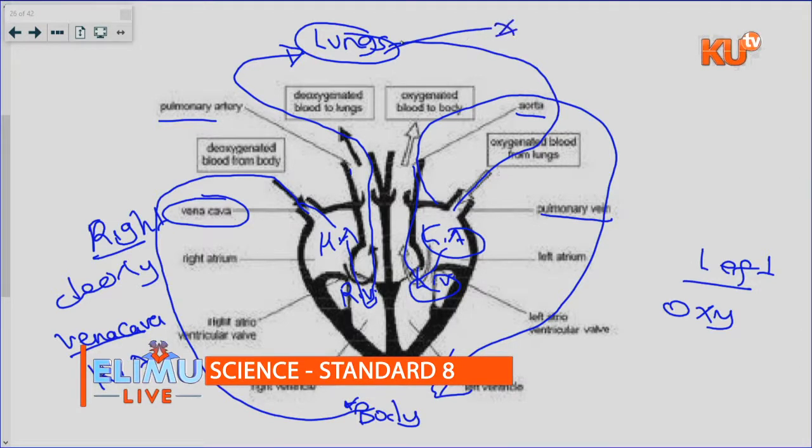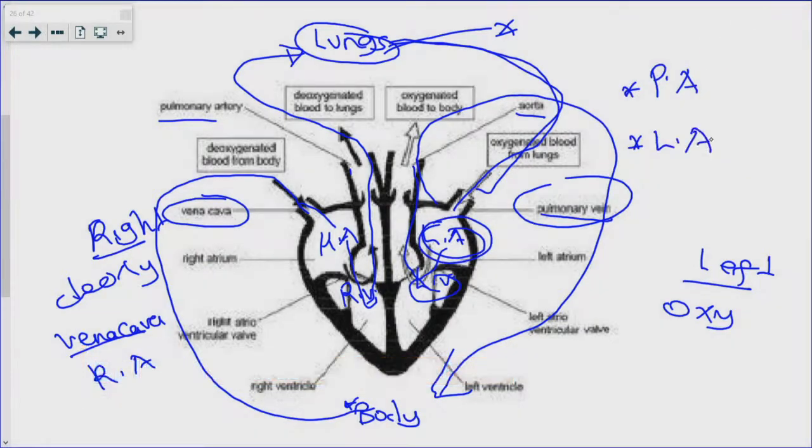So we look at the blood that gets into the heart from the lungs, and that is the pulmonary vein. So the first blood vessel to receive poisonous blood through inhaling is the pulmonary vein, while the first chamber is the left auricle. Those are questions that are usually set.